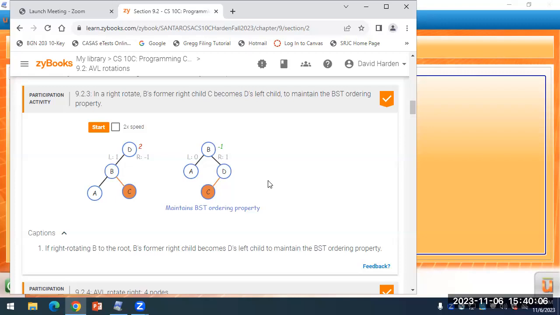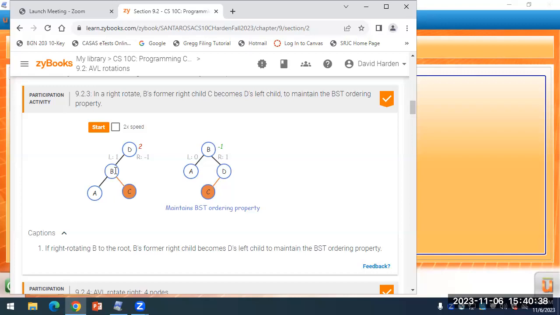The only difference is that sometimes instead of a right rotation, it's going to be a left rotation. So if D had a right subtree, but not a left subtree, then you'd have to do a left rotation, right? And the only other thing we're going to find out is that there are going to be some situations where neither a right rotation nor a left rotation is going to work, and we have to do left then right or right then left.